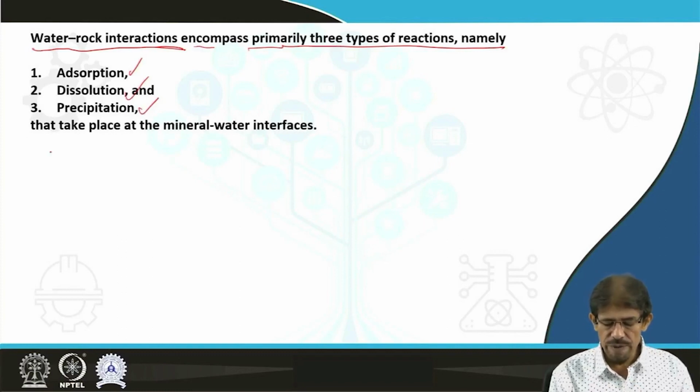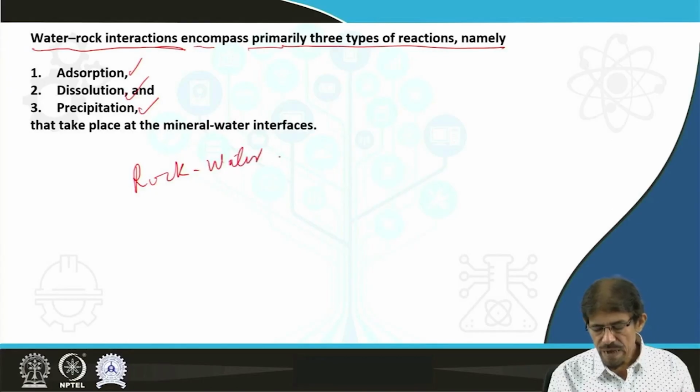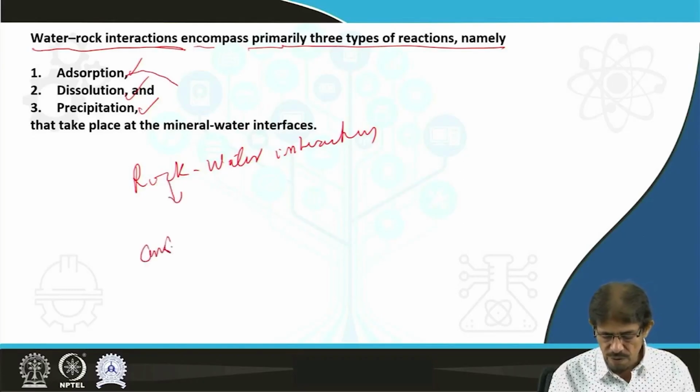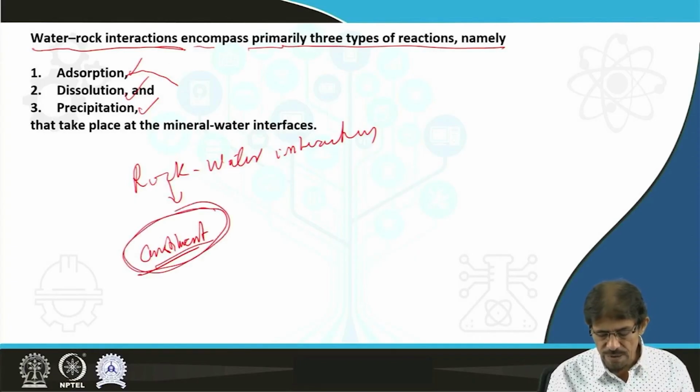In a simple way, we can say that due to rock water interaction or water rock interaction, some of the components of water are absorbed on the constituents of rock, like minerals.